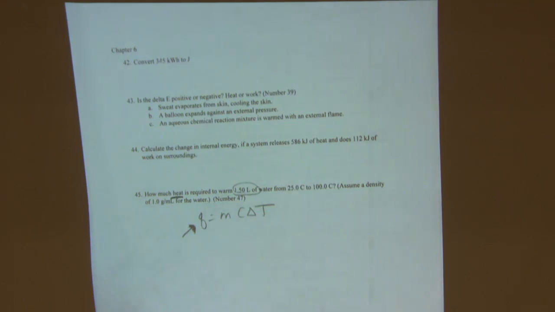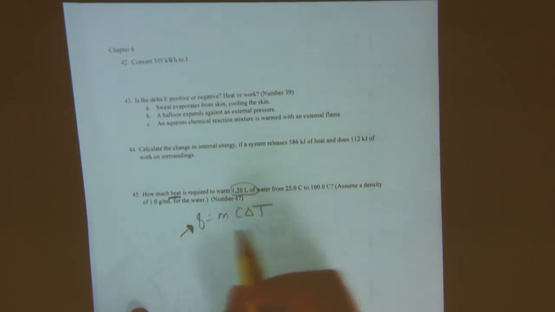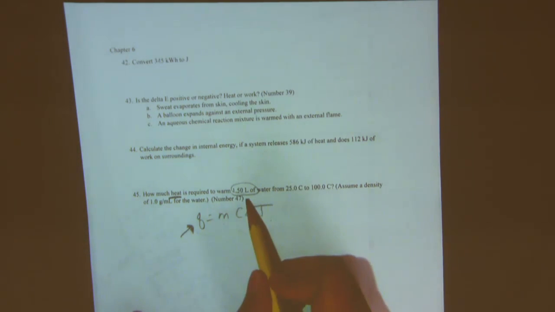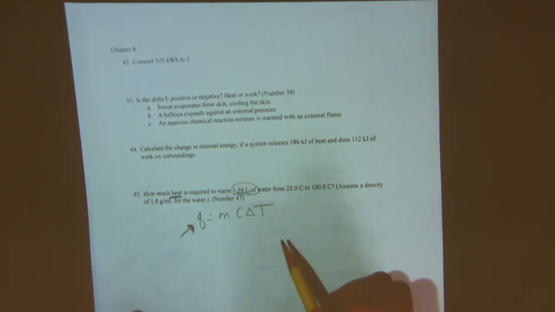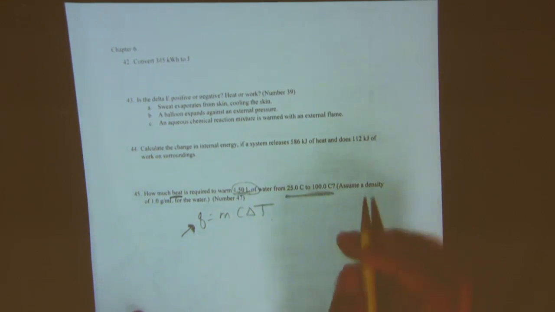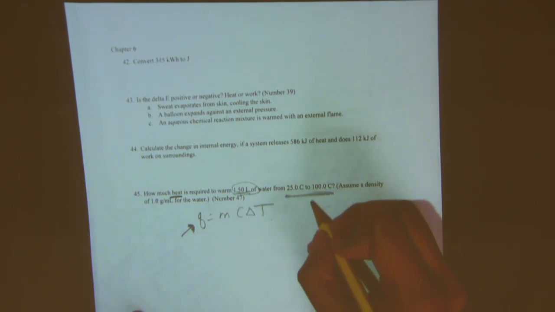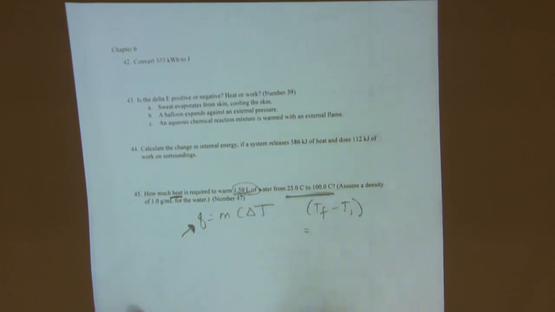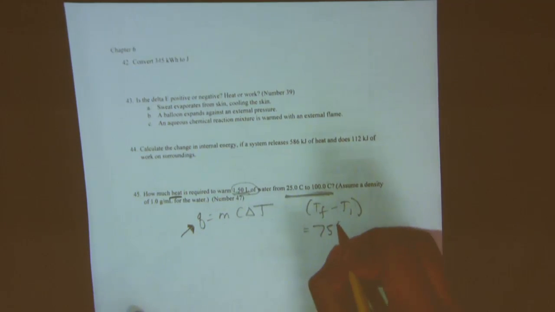So when you read the question, know which value you're trying to find, because they can ask for any of these values. And they're saying required to warm this many liters of water through this temperature change, right? So the temperature change goes from T final minus T initial. And so what is 100 minus 25? Exactly, 75 degrees Celsius. So we know what delta T is, 75.